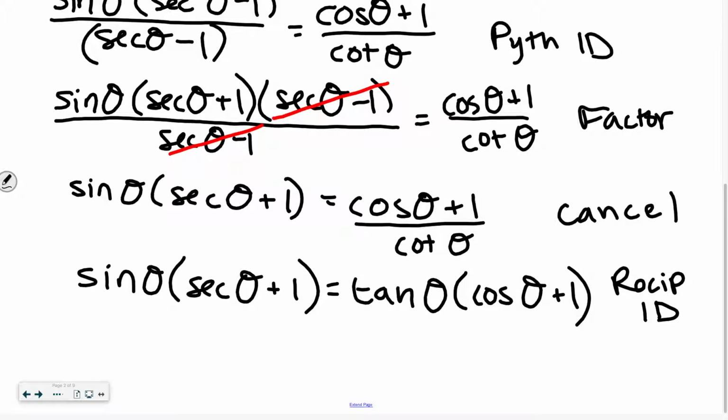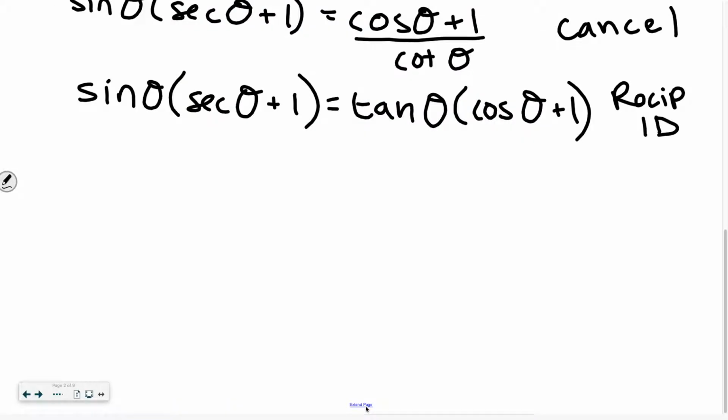They look similar, but they each have different trig ratios. So we might have to get a little creative there. Any ideas? Get them all into sines and cosines. Now's not a bad time to do that, right?